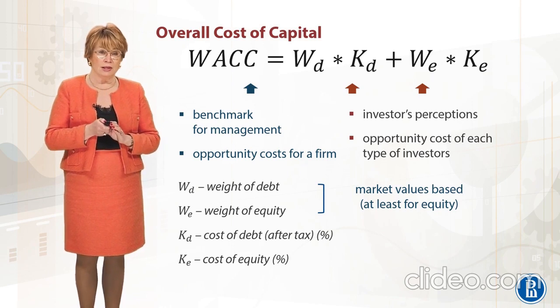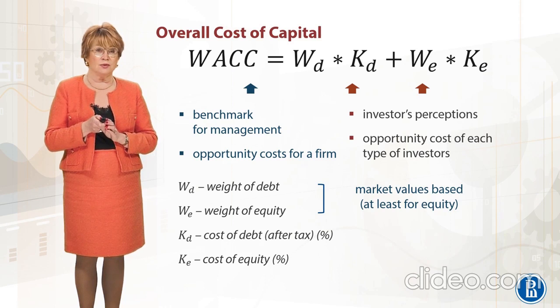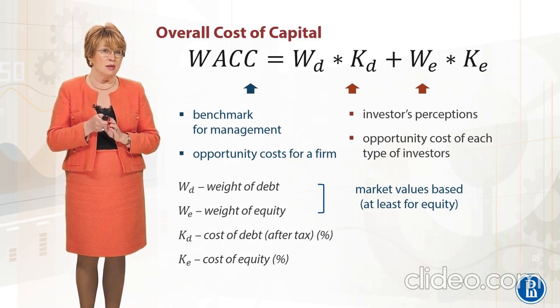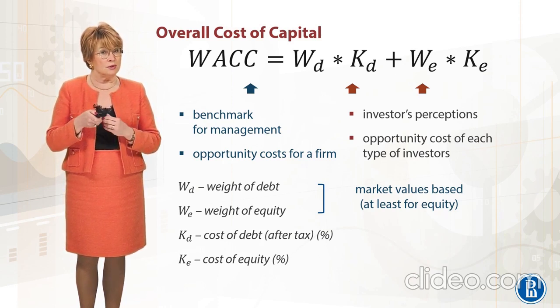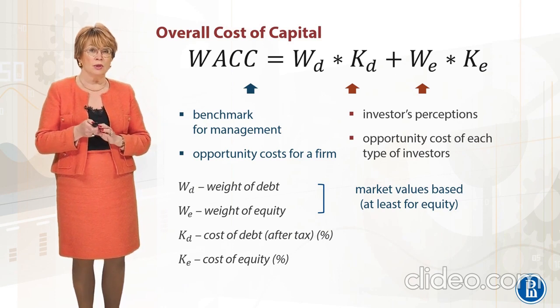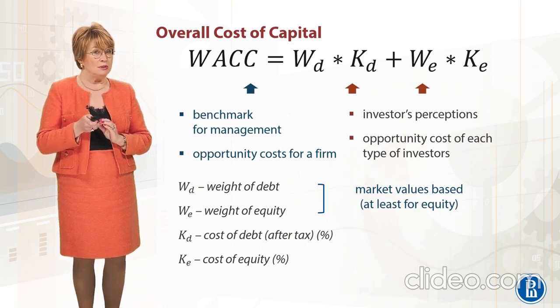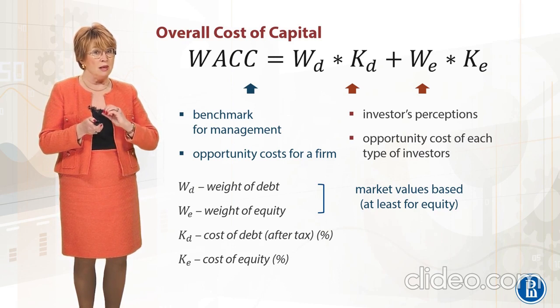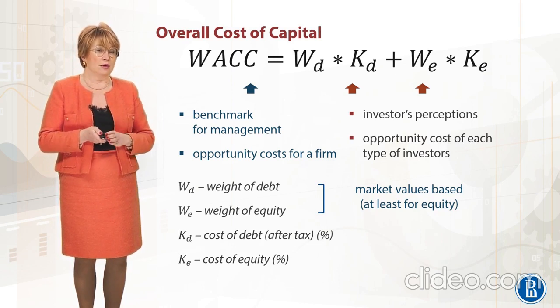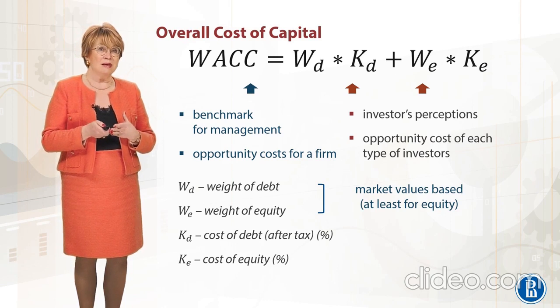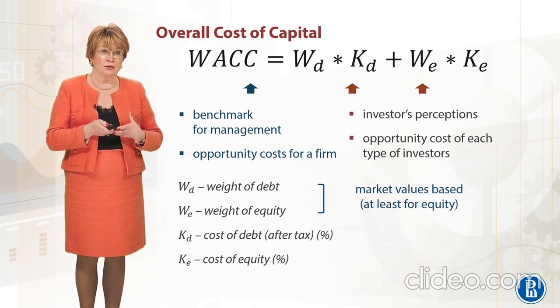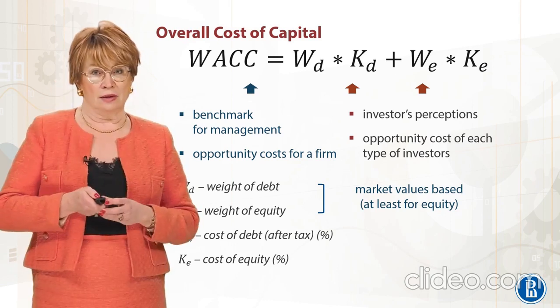On the left side of that equation, we see the result of our arithmetic calculation. This is the weighted average cost of capital. We already mentioned this is an approach for how we are going to compute the hurdle rate for the company. And this is the benchmark for the management team, because this is the rate the company should reach. This is the minimum level of the return on capital which is invested, which is employed in the company.